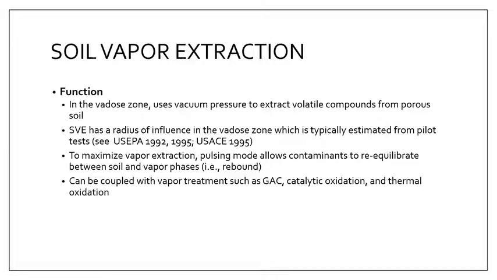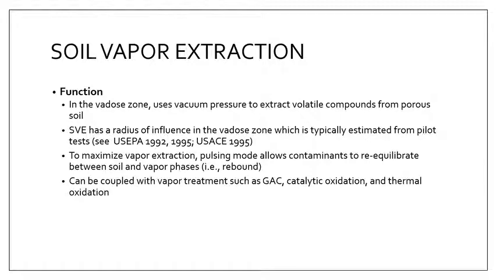After initial extraction of the vapor, pausing the extraction process allows the contaminants to re-equilibrate with the soil and evaporate again. So one advantage of the soil vapor extraction method is you can do a pulsing or alternating mode. You suck out the vapors, you rest for a while, and then you suck out the vapors again until you completely remove the vapor phases.